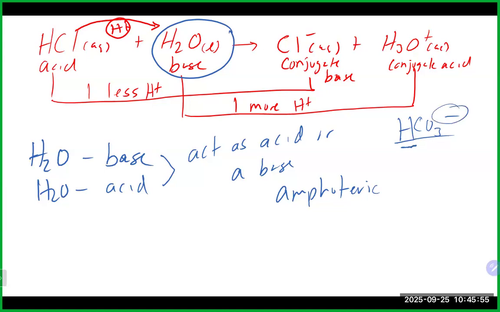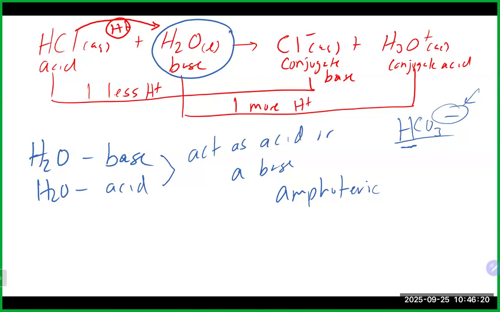It also, because of the negative, can accept the H plus pretty easily as well. So it can go both ways. We will talk about a little later on how you can determine which way it will go. Will it act as an acid? Will it act as a base? There are certain things you can look at to help you determine whether you are going to see it doing the acid part or the base part in this situation.